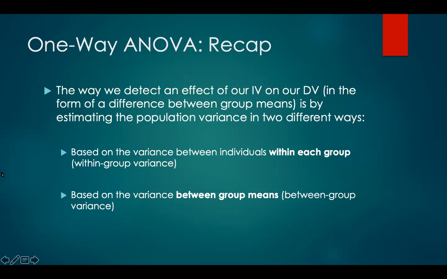So the way we detect an effect of our independent variable on our dependent variable in the form of a difference between group means is by estimating the population variance in two different ways. The first way is based on the variance between individuals within each group, or within group variance. And the second way is based on the variance between group means, or between group variance.